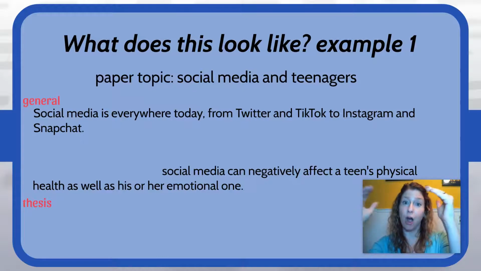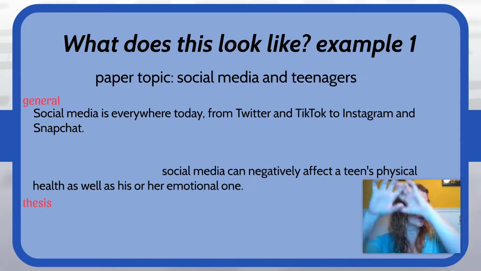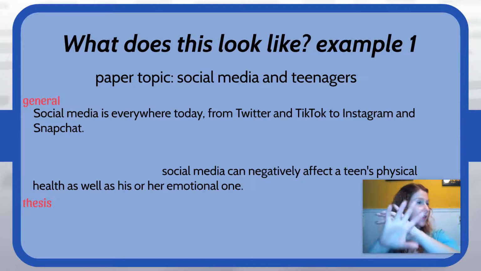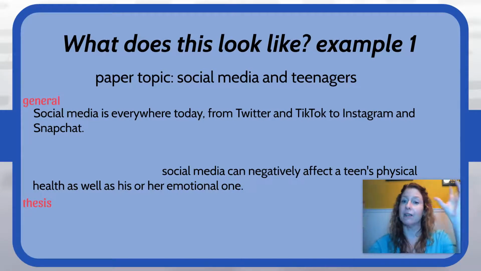Notice we went from a very broad statement about social media, something that we're not proving, something that everyone kind of knows about our topic. And then we went way down to something very narrow, very specific, and it's a statement that is debatable and that we can prove in our paper.